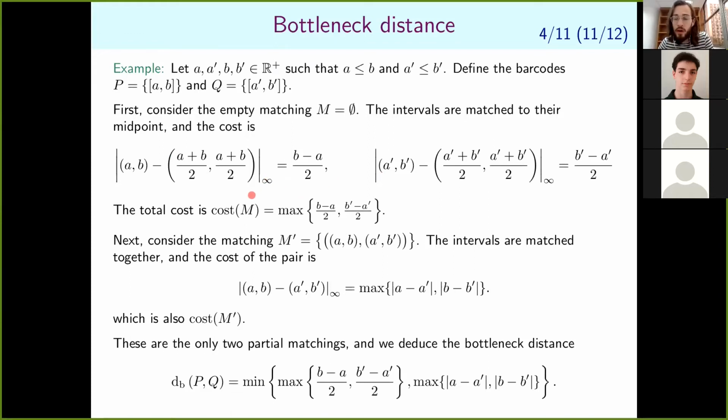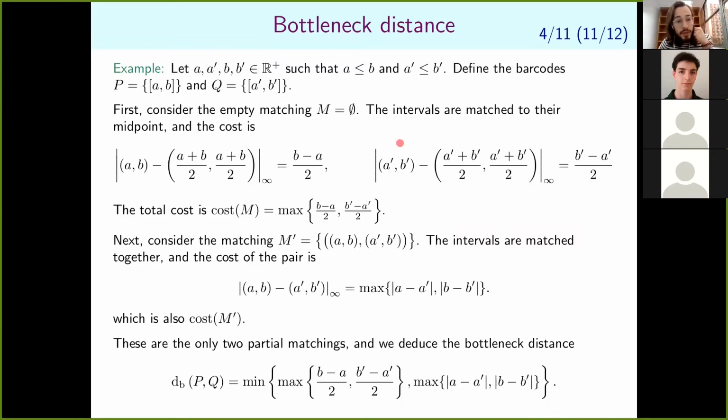I take the supremum of the difference between A and this, and B and this, which gives me half of the length of the bar. Same for the other bar. So what I obtain is that the cost of the empty matching is the maximal value between the half lengths of the two bars, the two intervals.